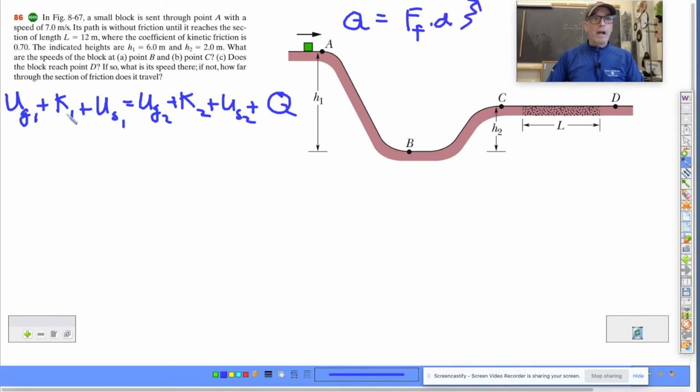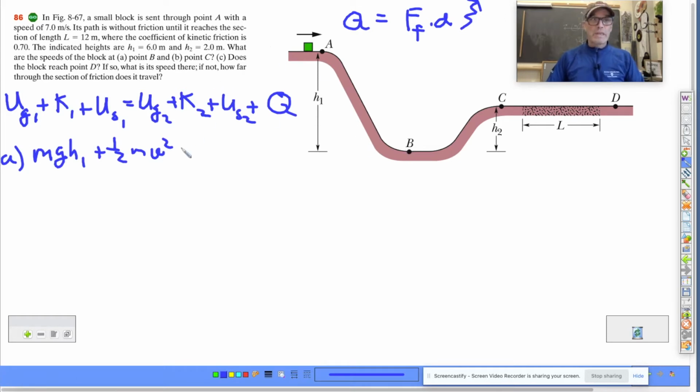All right. So for part A, I'm above where I'm going to end up, so I definitely have gravitational potential energy. That's going to be mgh1. I'm moving at A, so that's 1/2 mv squared. Now I'm down in the valley.